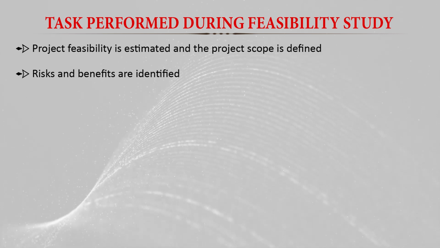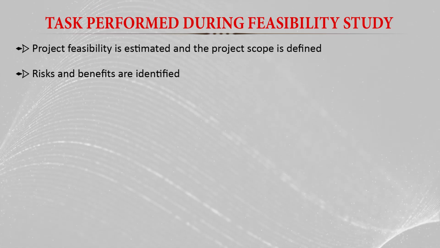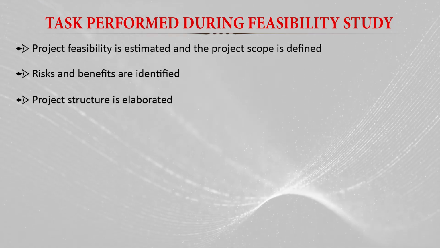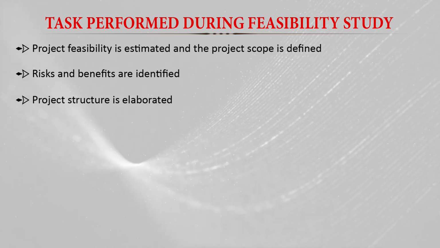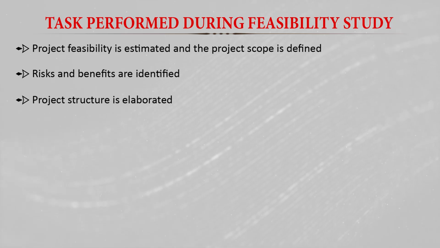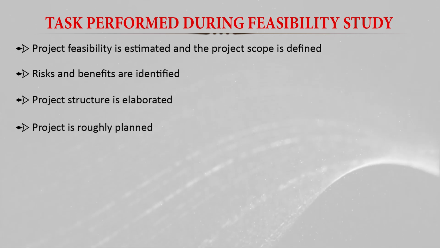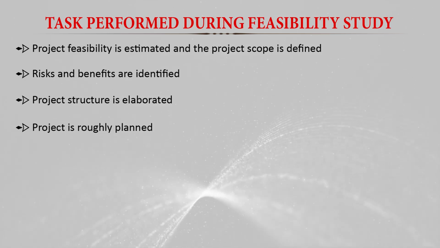So what are the probable risks and what will be the benefits, we estimate about them. And then here we also define the project structures, the organizations, the management, everything is done in the project feasibility studies. And we also plan the project in rough, not fully or systematically, but in rough or broad outlines in the feasibility studies.